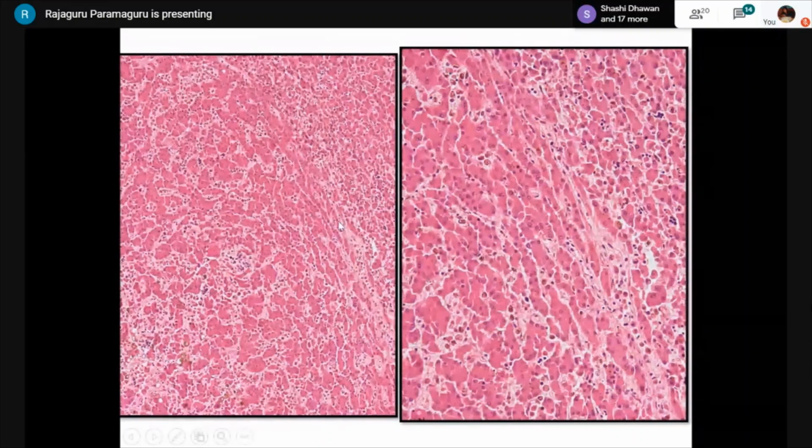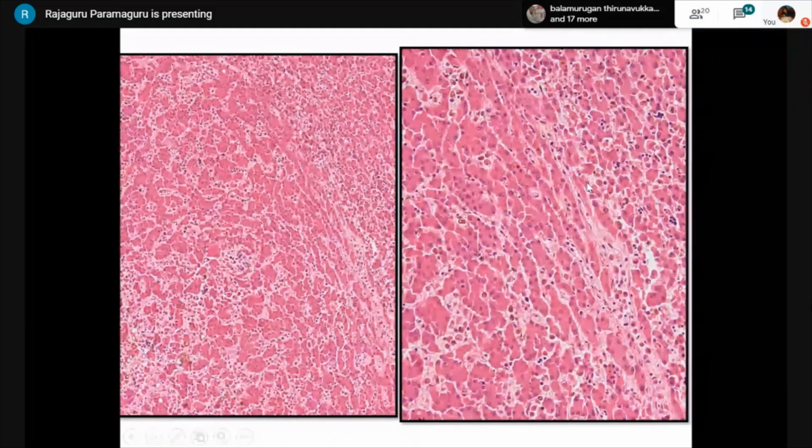Here, what you are able to see is that in this portion of the hepatocytes, the cord pattern is completely lost. It is thickened, and the sinusoids are obviously very much dilated. And here, what you see is a thinned out hepatocyte, which can show a normal single cord pattern also.